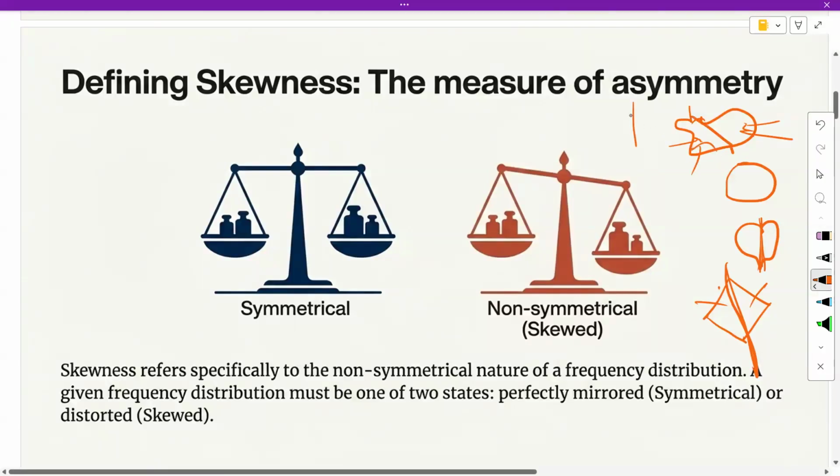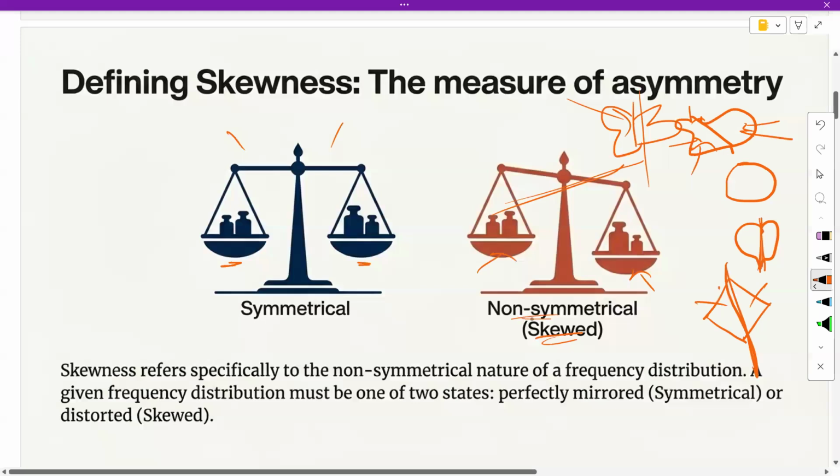You know the butterfly, it is symmetric. Symmetric means the right side and left side are equal. Asymmetric, here the right side is heavier than the left side. Sometimes the other way around as well. This asymmetry is called skewness.